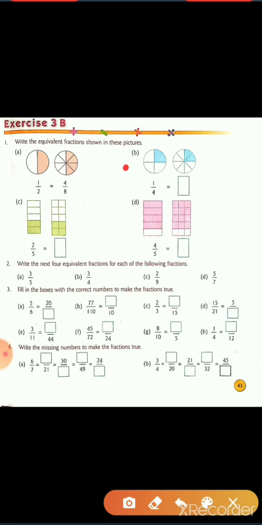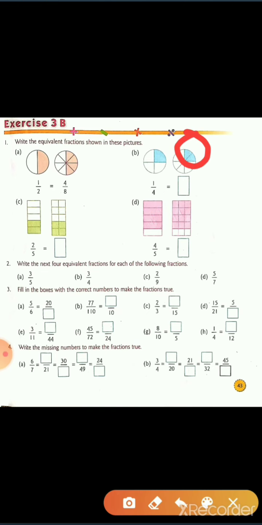Similarly, in this circle, the circle is divided into 4 parts. Out of those 4 parts, 1 part is shaded. So for this circle, the fraction is 1/4. In the second circle, the circle is divided into 8 parts. Out of those 8 parts, 2 parts are shaded, and we can see the shaded region in the first circle as well as the shaded portion in the second circle are the same.